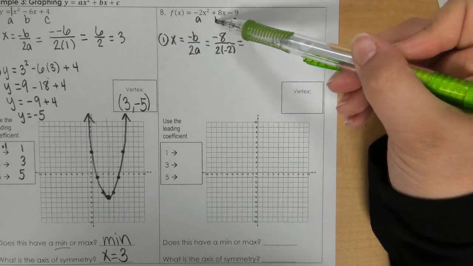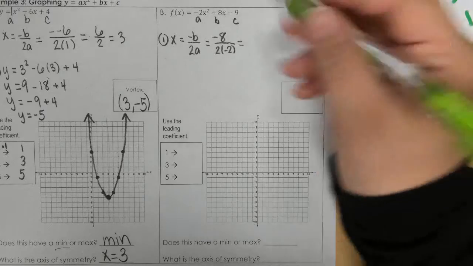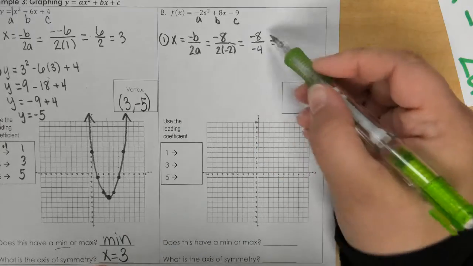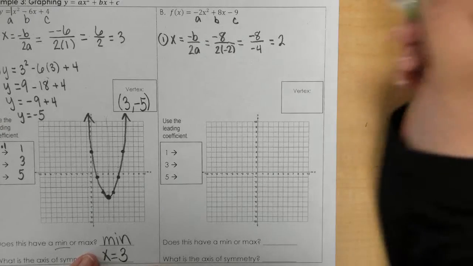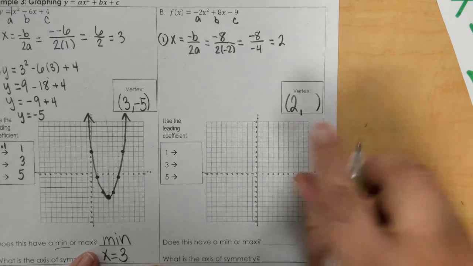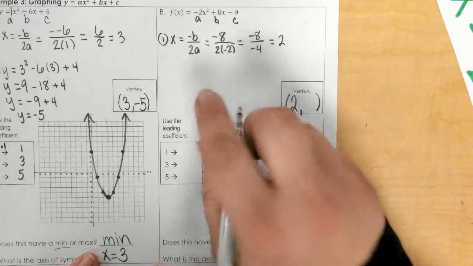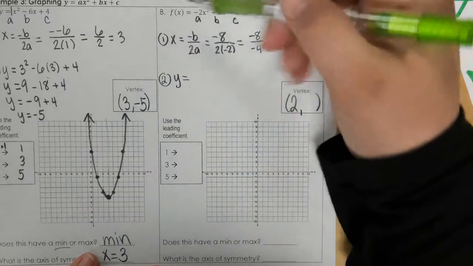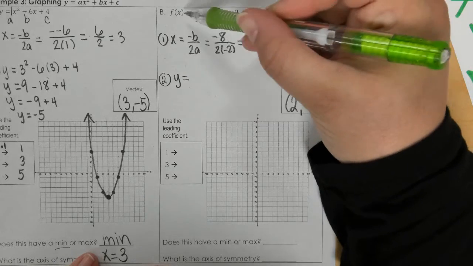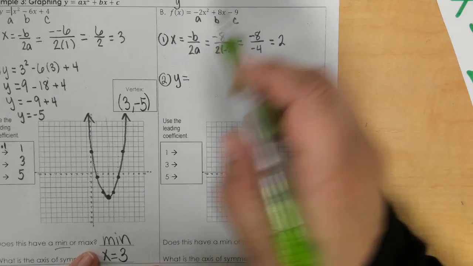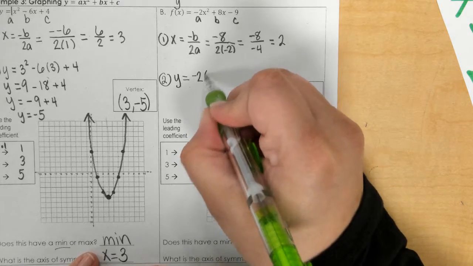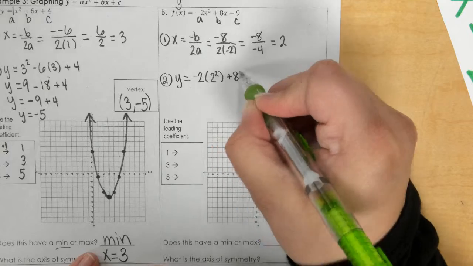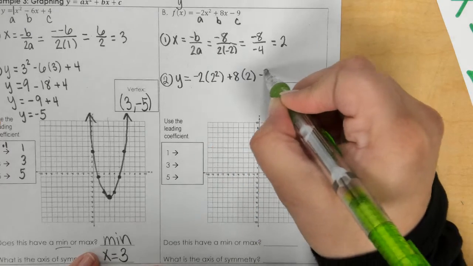Okay, so this time an 8 just went into the negative b. So -8 over -4. If I divide those, I get a positive 2. That's the x value. To get the y value, I have to plug that 2 into my x's up here. So f of x we know is y. So this equals -2 times 2 squared plus 8 times 2 minus 9.